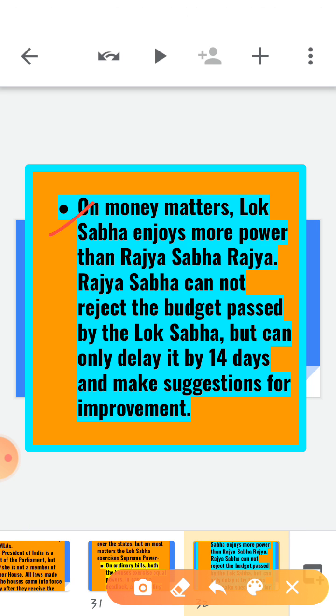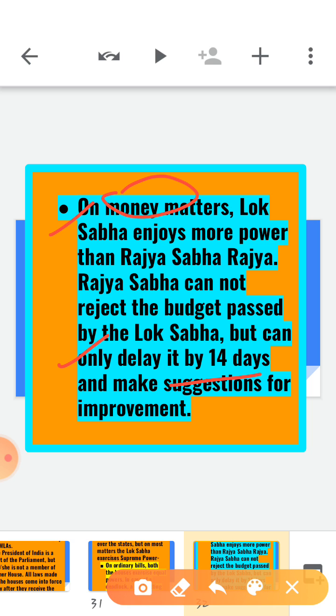Next. As I said, Lok Sabha exercises more powers in money matters. Once the Lok Sabha passes the budget of the government or any other money related law, Rajya Sabha can only delay it by 14 days or suggest changes in it. Clear? But it depends on the Lok Sabha, which may or may not accept these changes.